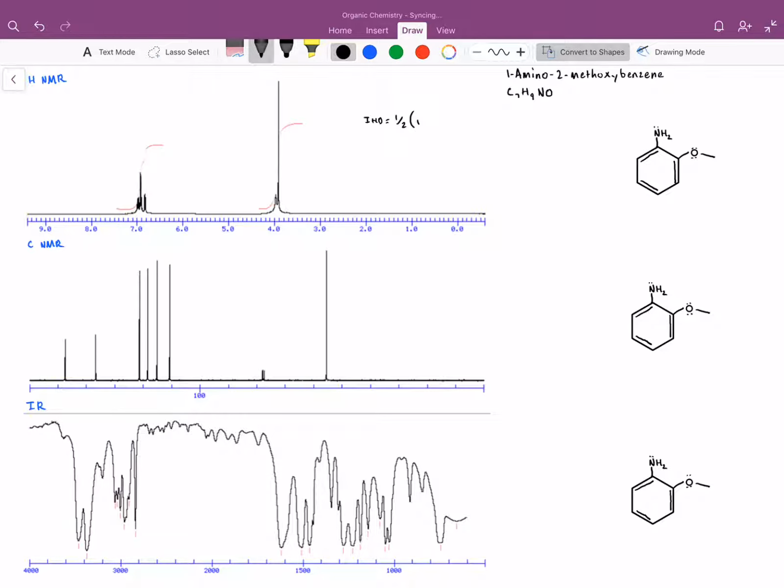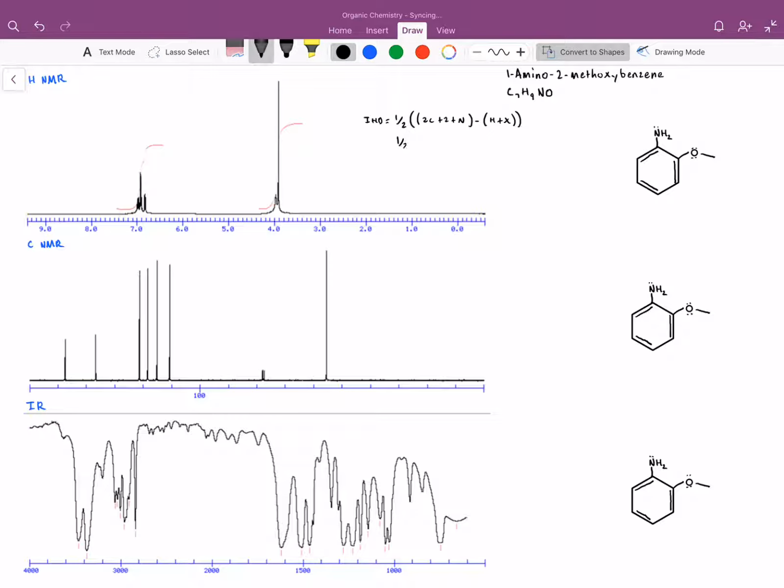It's 1/2 times 2 times the number of carbons plus 2 plus the number of nitrogens in our compound, and we subtract from that the number of hydrogens plus the number of halogens in our compound, and it's 1/2 multiplied by all that within the parentheses.